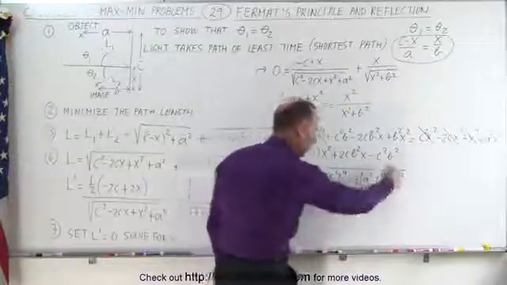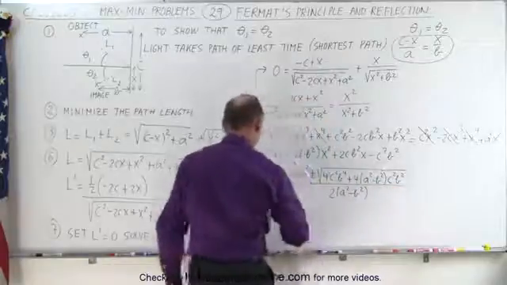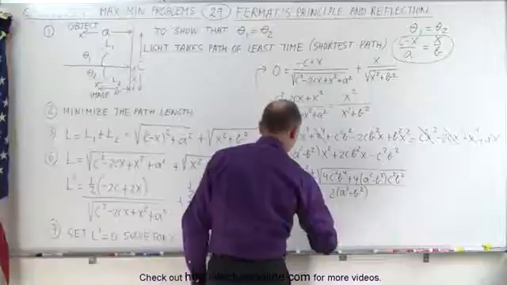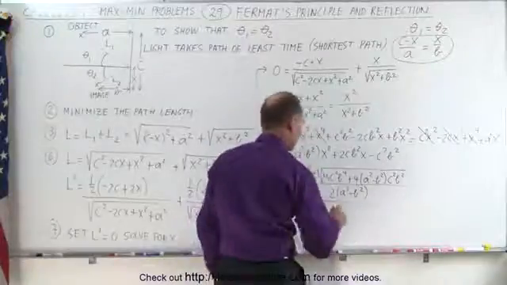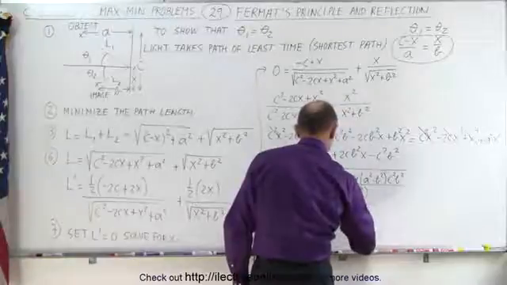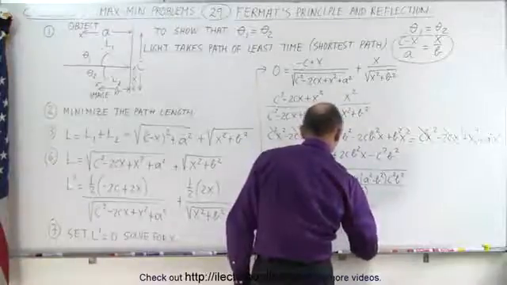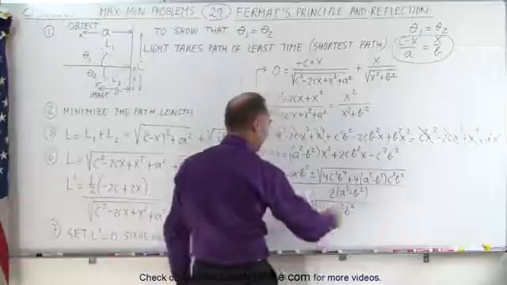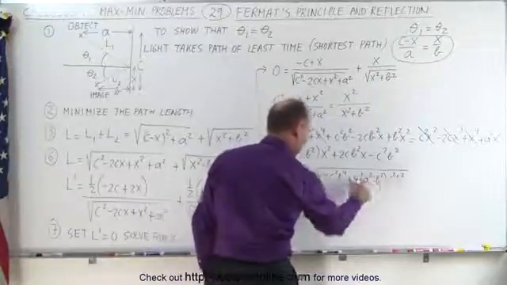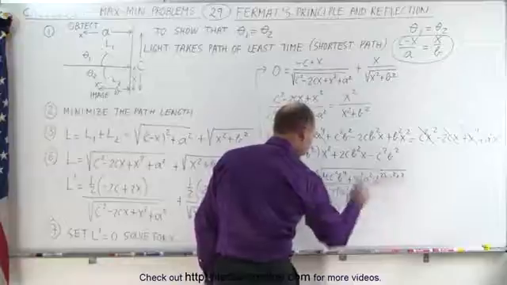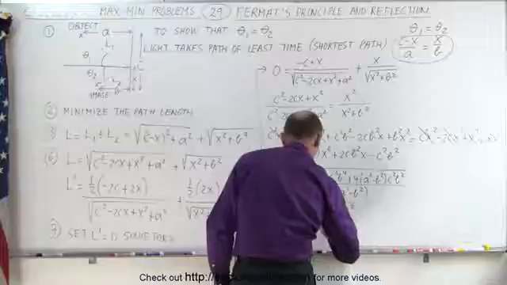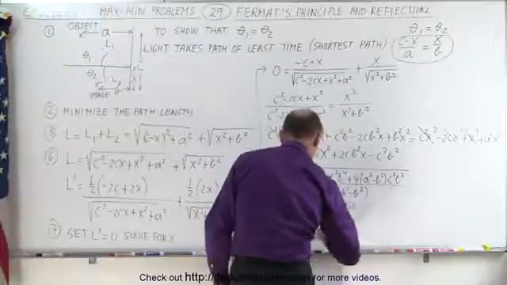So this will cancel out with that part, and I'm left with x is equal to minus 2cb squared plus or minus the square root of 4a squared c squared b squared. And luckily, I can go ahead and take the square root of that. So let's see here, this cancels out that, 4a squared, b squared, c squared, and the whole thing divided by 2 times a squared minus b squared.